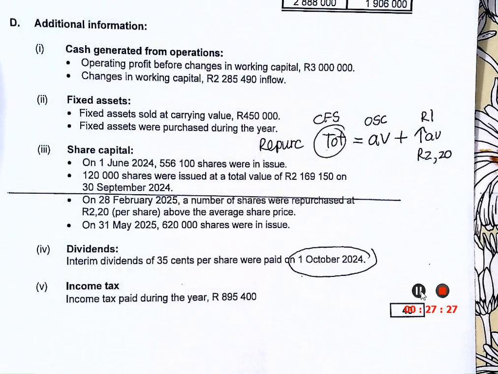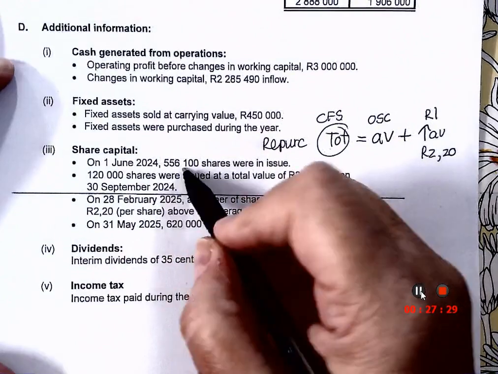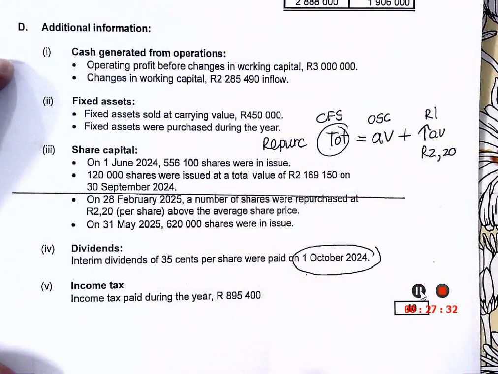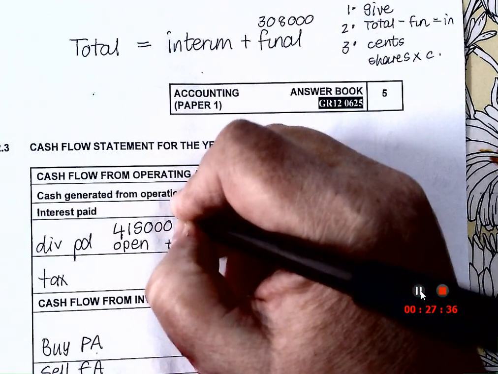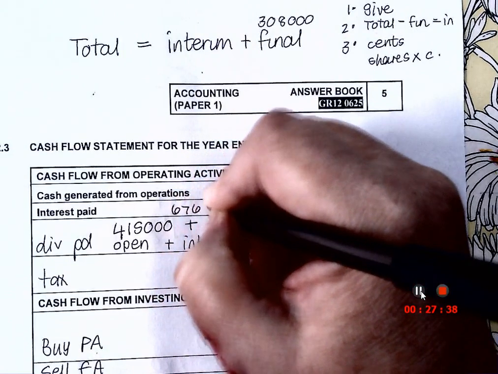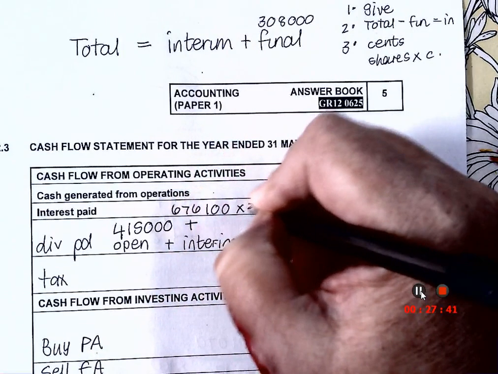What is 556 plus 120? 676. And I'm going to times it with 35 cents. And that gives me what?